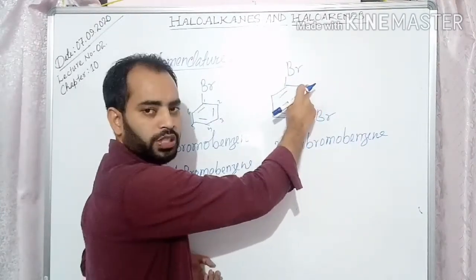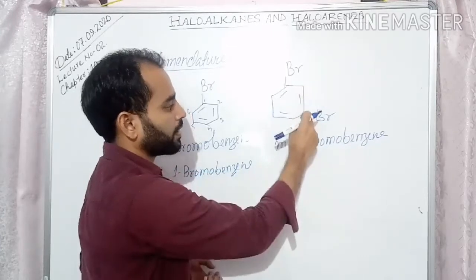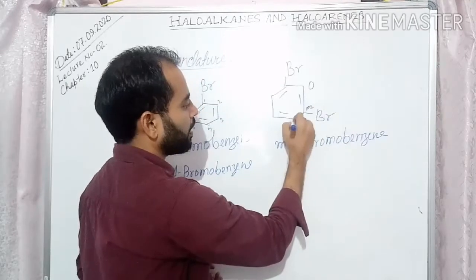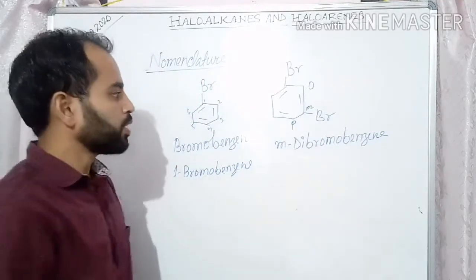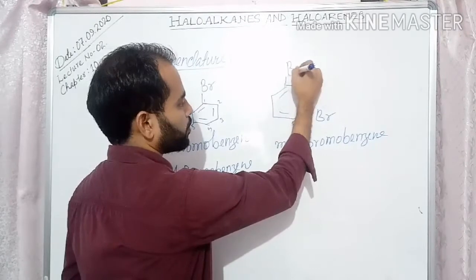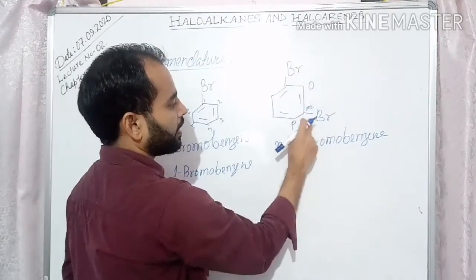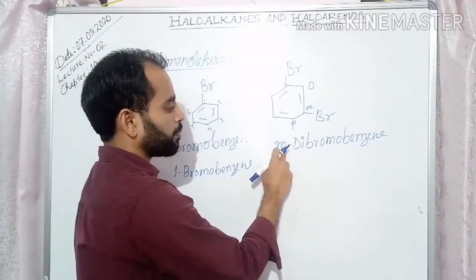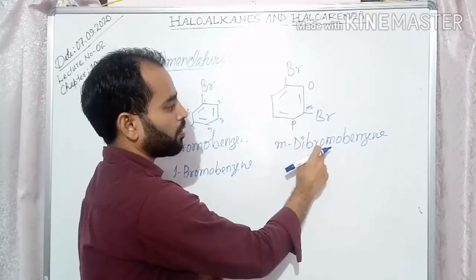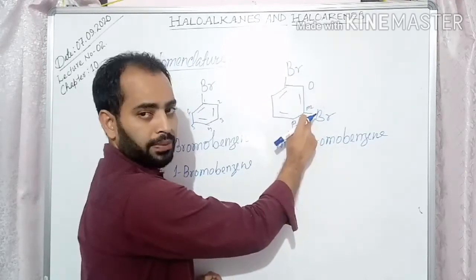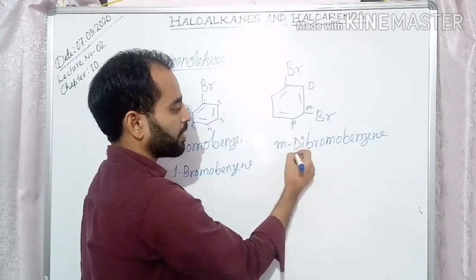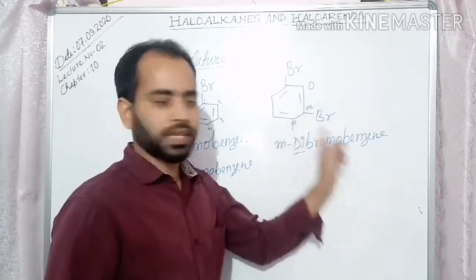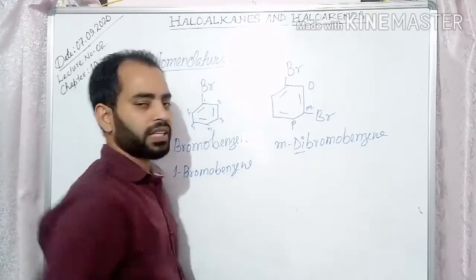The next position, position number two, is called ortho, and the third position is meta, and this position is para. So one bromo group is at the first position, and at the meta position another bromine is there. So dibromo, di for 2 bromo groups, and the main chain is benzene, so it is meta-dibromobenzene.